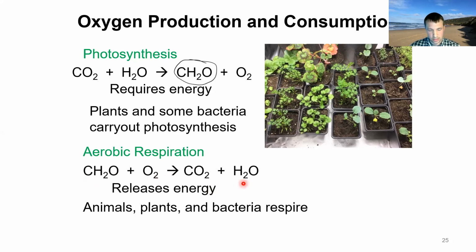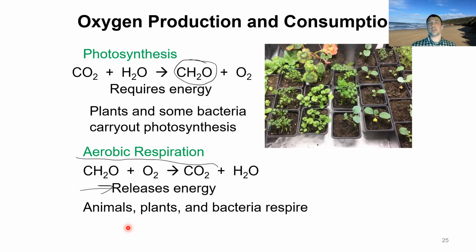And this process, aerobic respiration, produces energy, okay? That's how we metabolize food and sustain ourselves. Okay, all organisms respire, even plants, but the plants are really cool because they make their own food and then they eat what they make. Whereas animals, like humans, we can't make our own food, so we have to eat other organisms to survive.